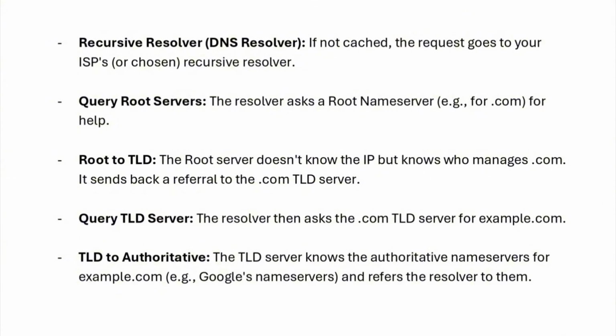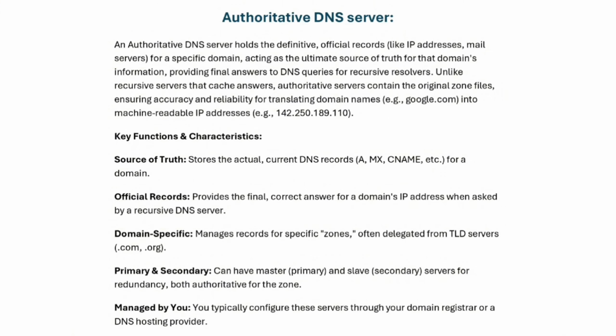So let's understand that deeply. An authoritative DNS server holds the definitive official records, like IP addresses and mail servers for a specific domain, acting as the ultimate source of truth for that domain's information, providing final answers to DNS queries for recursive resolvers.